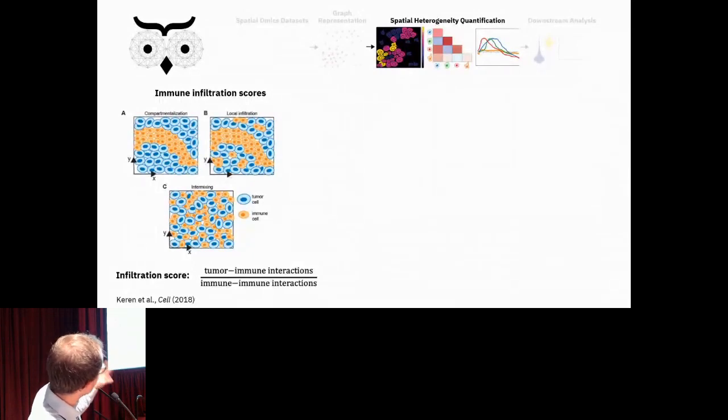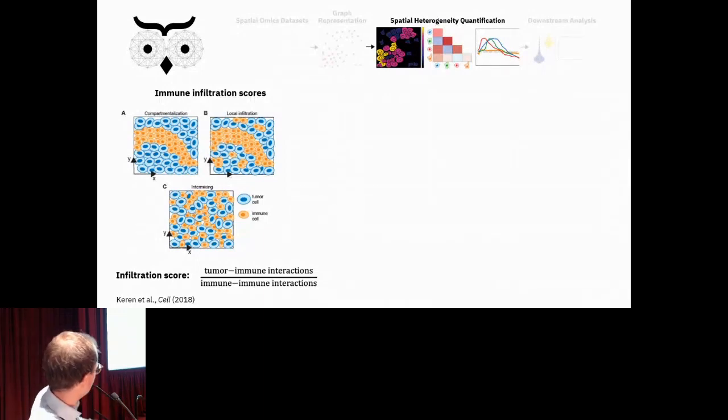And you can see here three different topologies, like a very compartmentalized tumor in A, where the immune cells and the tumor cells are highly separated. And this is in contrast to C, where the immune cells and the tumor cells are very intermixed.